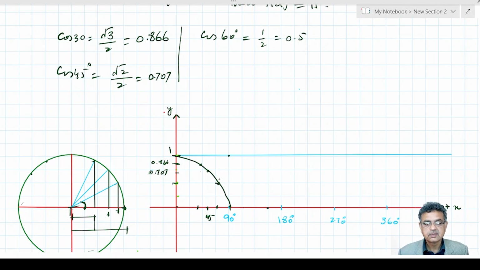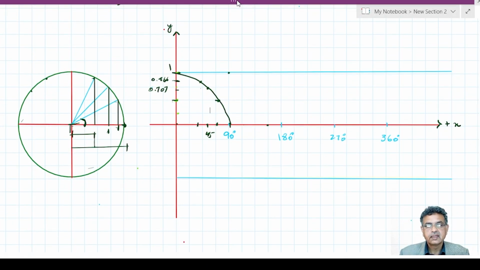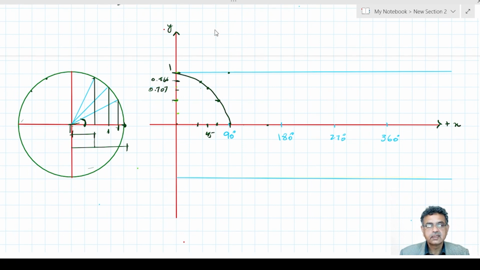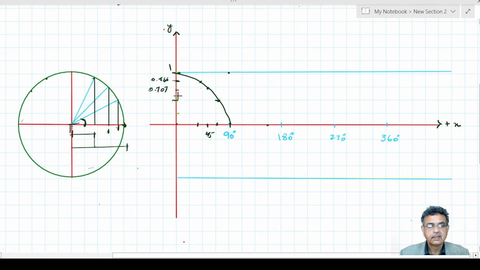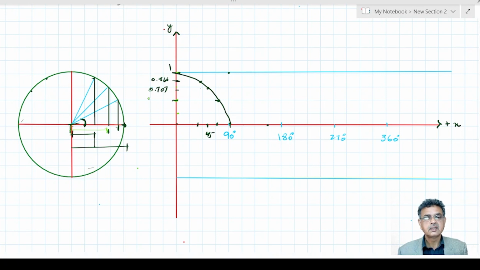This is the way we can mark the points. And if we compare it with the circle, at 30 degrees this is 0.866, and at 45 degrees it is 0.7. This distance is 0.7. So this is the way we can mark it.